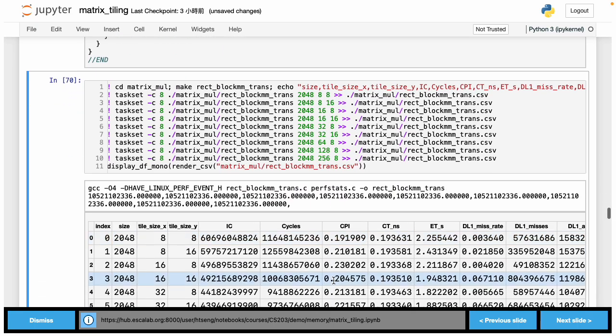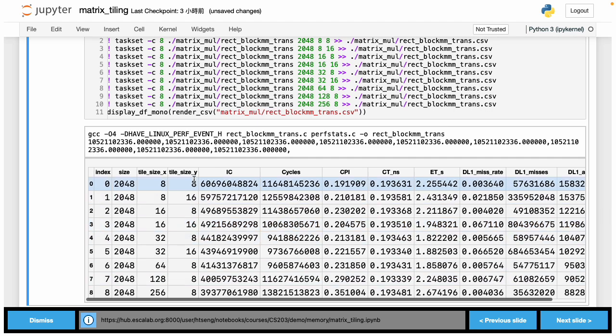Okay, so here's the result. I ran several different sizes. A by A, with the register optimization and transposition, is around 2.25. 8 by 16, as you can imagine, needs more ways for a set, so apparently the miss rate is a lot higher.